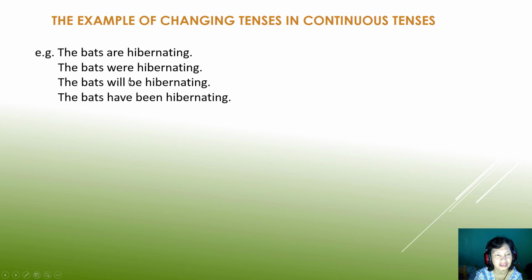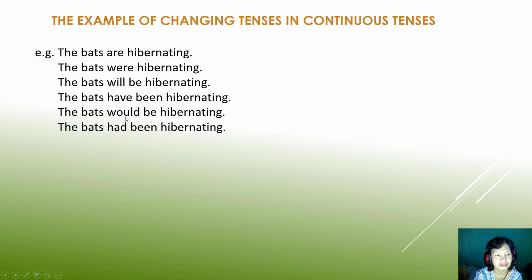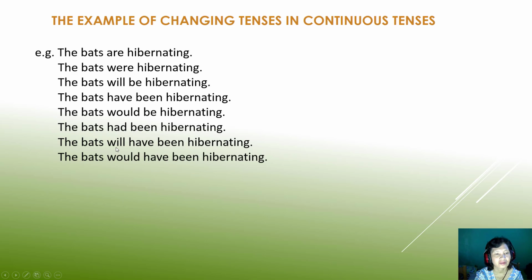Were, past, present future continuous, present perfect continuous, past future continuous, past perfect continuous, will have been, the combination present future perfect continuous, and then past future perfect continuous. So this is how to use the pattern in sentences.